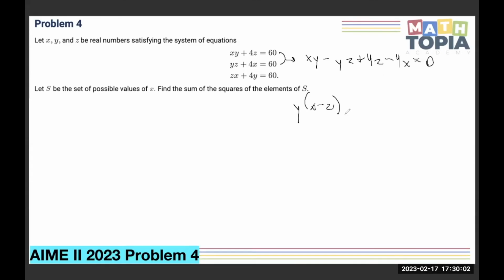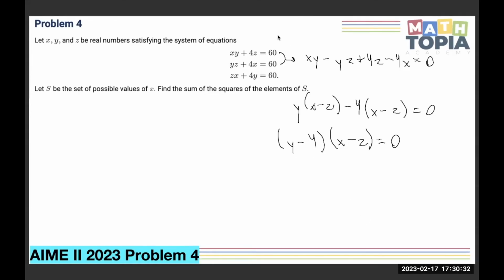But what's more interesting is if we make it times -4, because then we get x minus z, the exact same factor here. So these two factors are the same. Now we can factor it using the distributive property as y minus 4 times x minus z equals 0. Like I said before, this is exactly what we want because this product equals 0, so one of these two is 0.